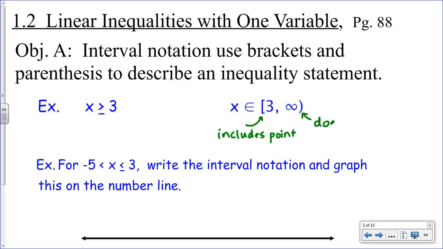So we always use parentheses when we're talking about negative or positive infinity. We'll also use parentheses if there's not an equal to sign. So if we're not including it, we'll use parentheses there as well.